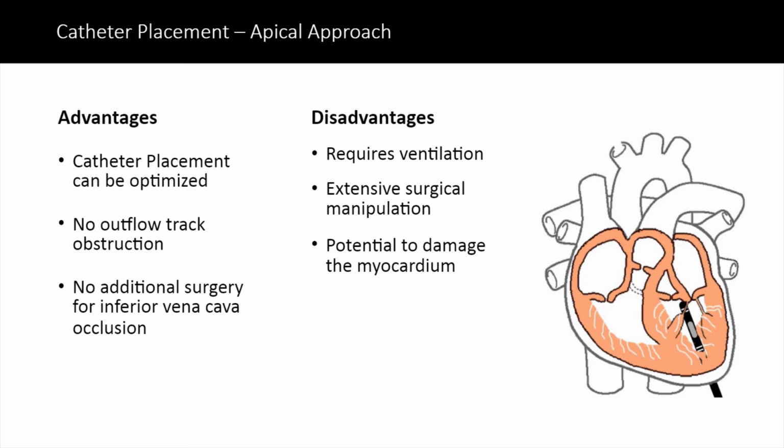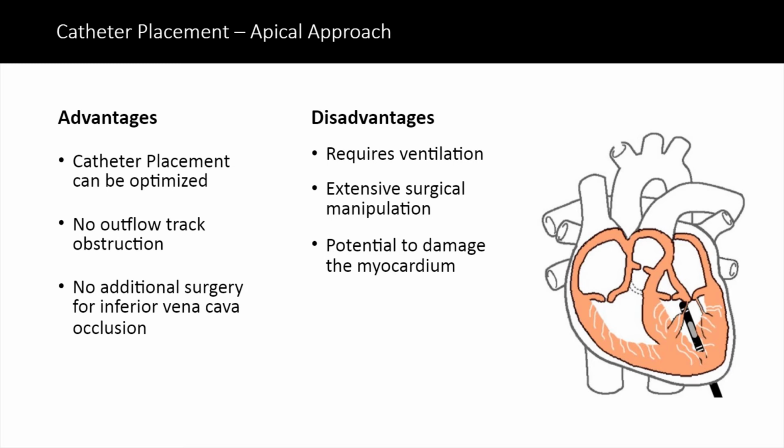So there's extensive surgical manipulation with the apical approach, right? We're opening up the chest. We have to modify a big bunch of the chest wall in order to get good access to the heart, to be able to see it. And there's also the potential that you could actually injure the heart. You're cutting across the chest wall, and the heart is right underneath there.